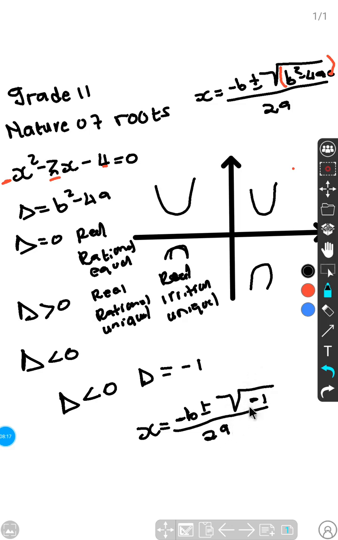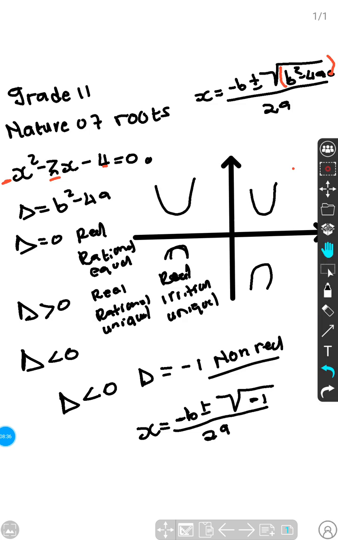So you won't be able to solve for x. You won't be able to find the roots of that equation, which is why we say that the roots are non-real.